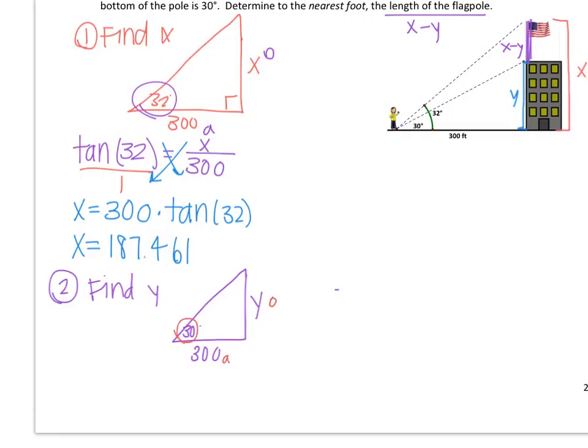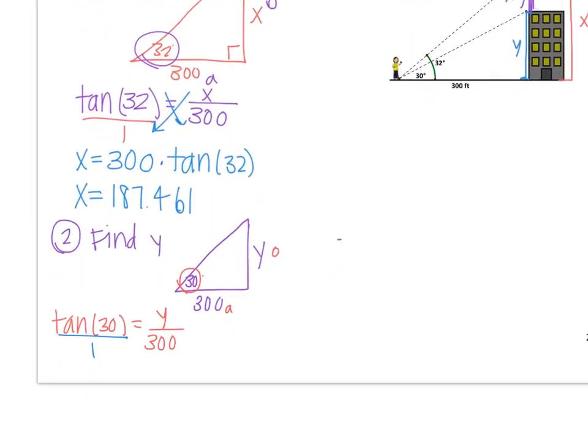And again, we're using tangent. This is still put over 1 and cross multiply. Make sure that you're checking in to see if you have the same exact answers. y equals 300 times tangent of 30.